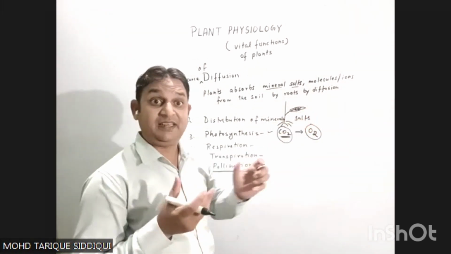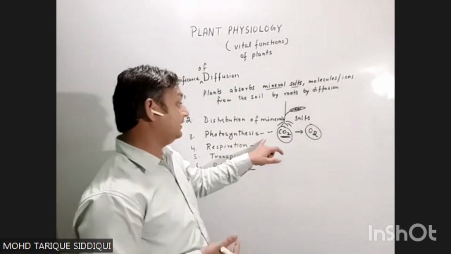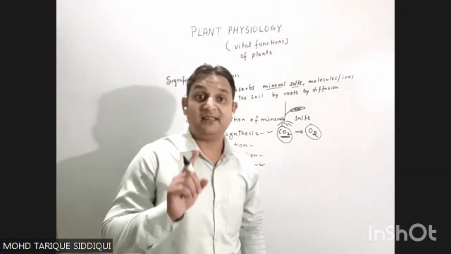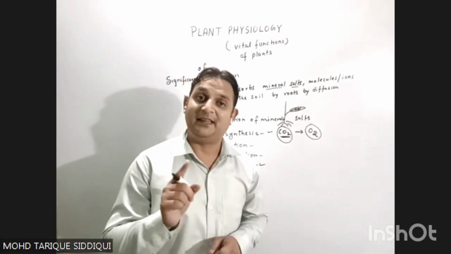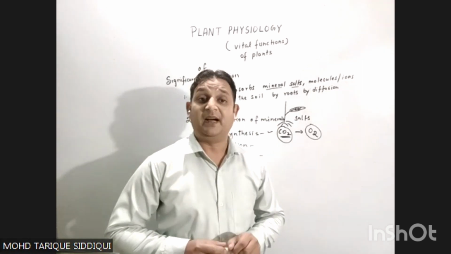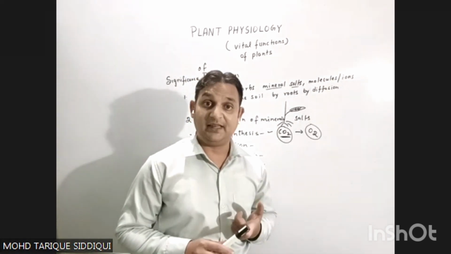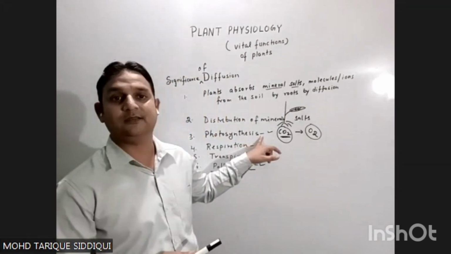The plant will take this carbon dioxide from the atmosphere. So in photosynthesis, you can write plants take in carbon dioxide and give out oxygen by diffusion. So it helps in photosynthesis.